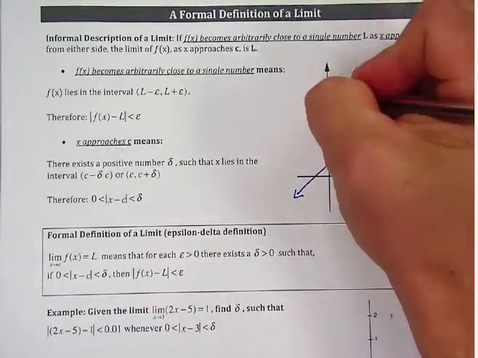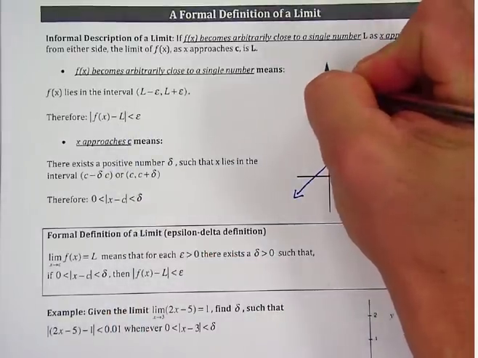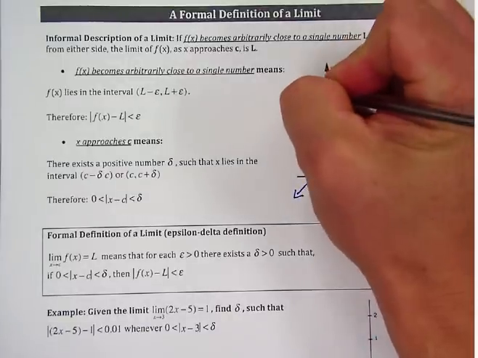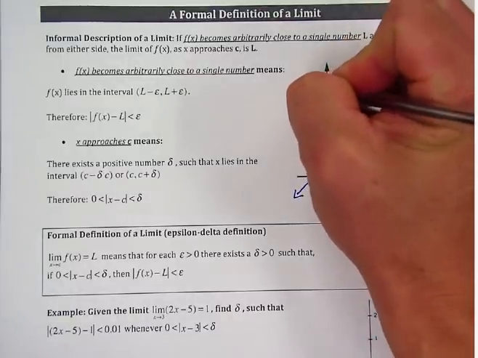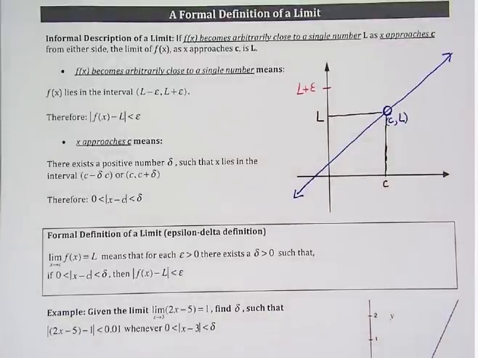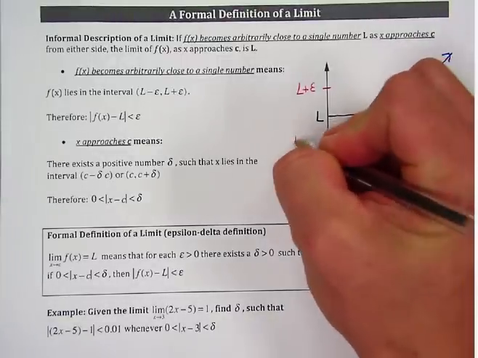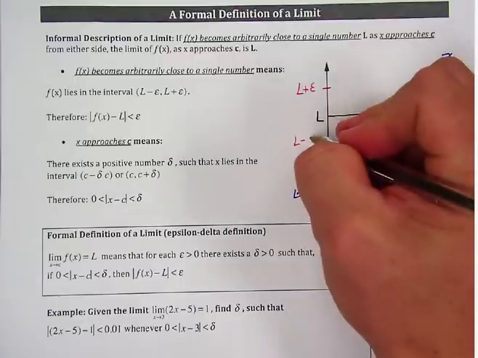We're going to call this arbitrary number L plus epsilon. We're going to call this number L minus epsilon.